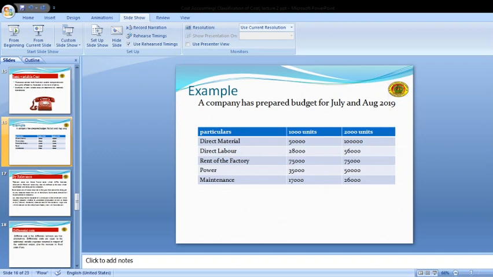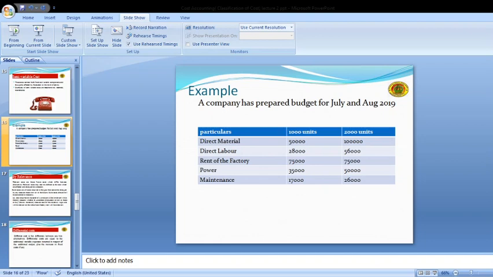Now the first item is direct material. It will fall in which category? As you can see, the cost of material has increased from 50,000 to 1 lakh. So, it has doubled. Number of units have doubled. The cost has also doubled. That means it is an example of variable cost.